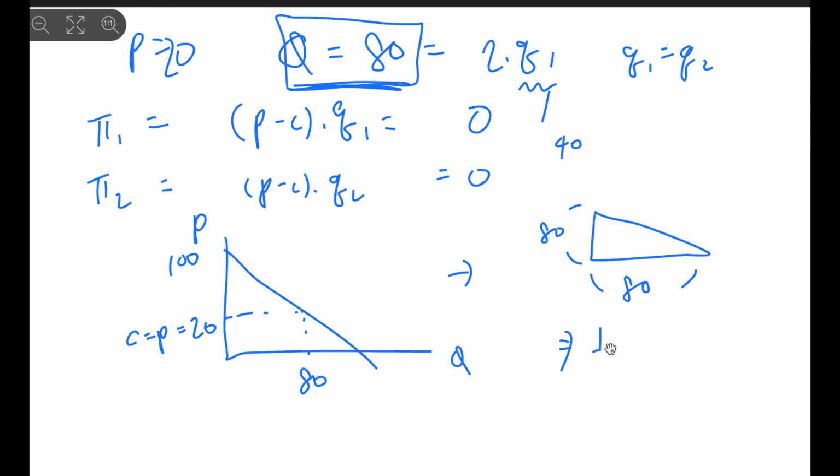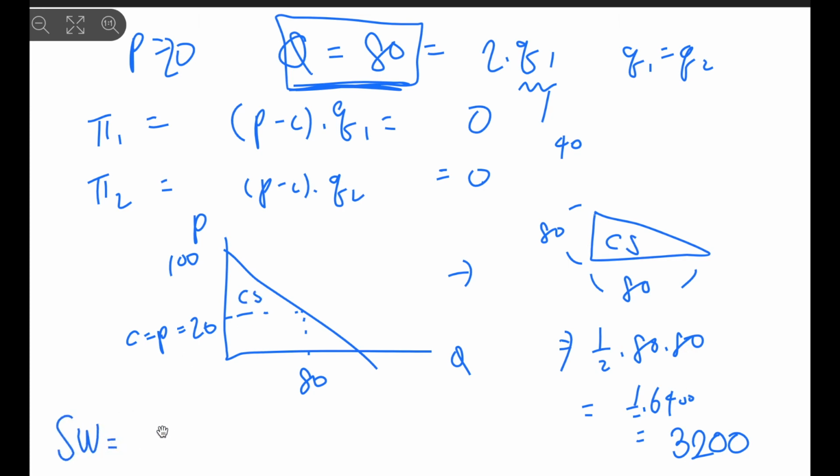So the dimension is half times 80 times 80, and we got 6,400 by half, and we have 3,200 of consumer surplus. And the social welfare equals 0 plus 3,200 equals 3,200, right?